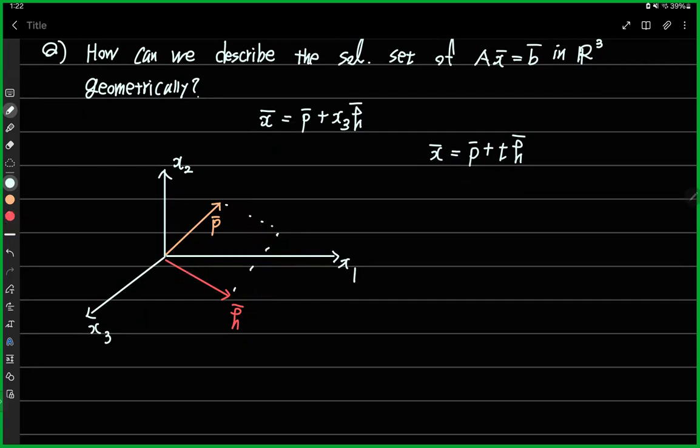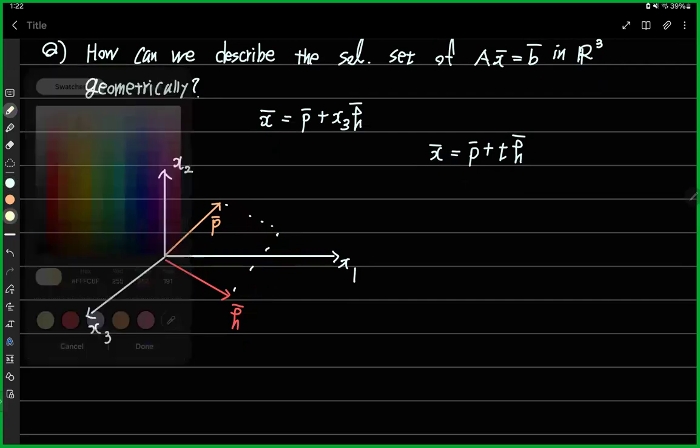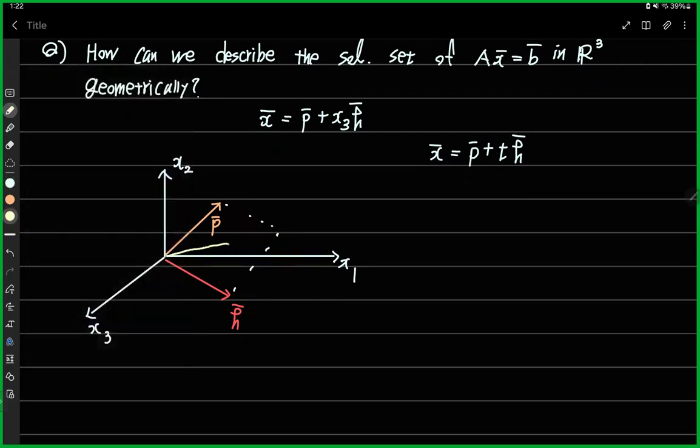Use the color, maybe yellow. That's p plus h. This is a solution when t equals 1. What if t equals 2 and 3? It's possible, right? So for any choice of t, x must be a solution.